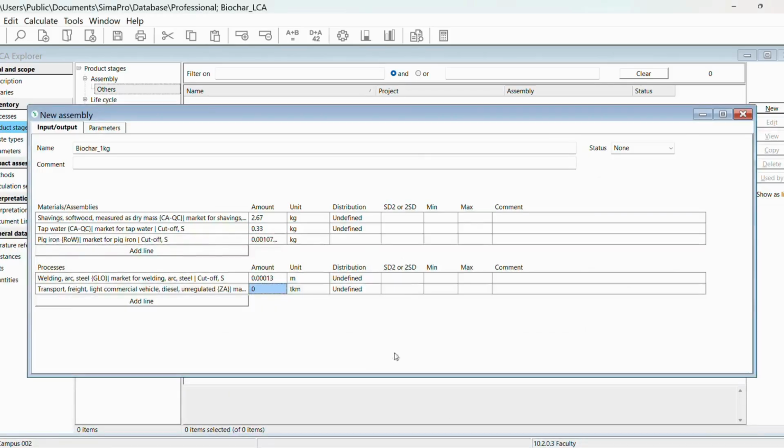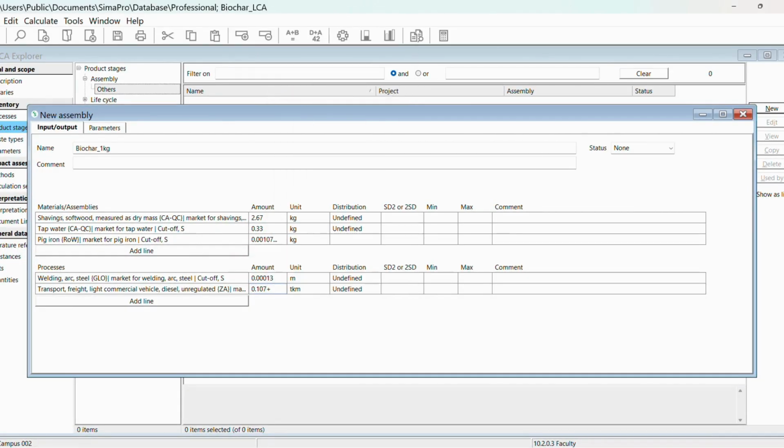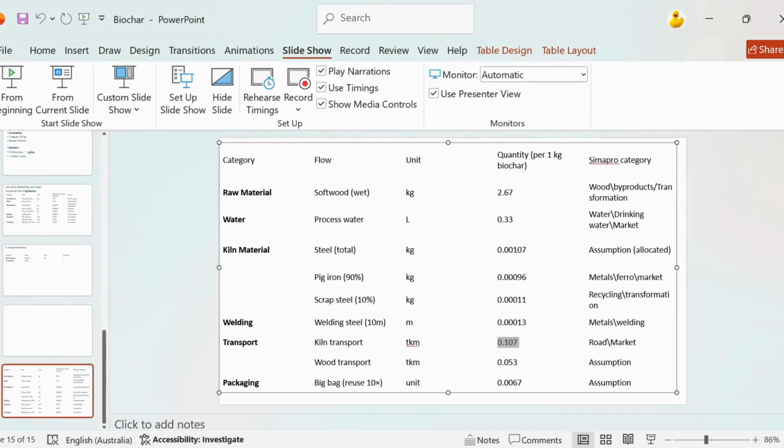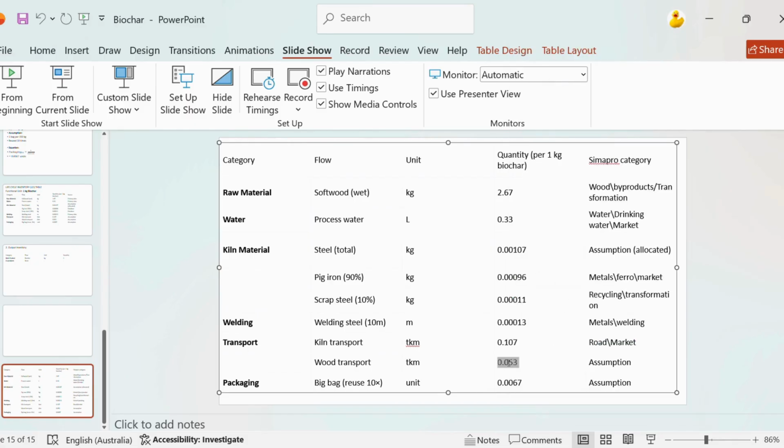This one, and plus this much is associated during wood transport from the source up to the site. All these quantities are already normalized as per functional unit.